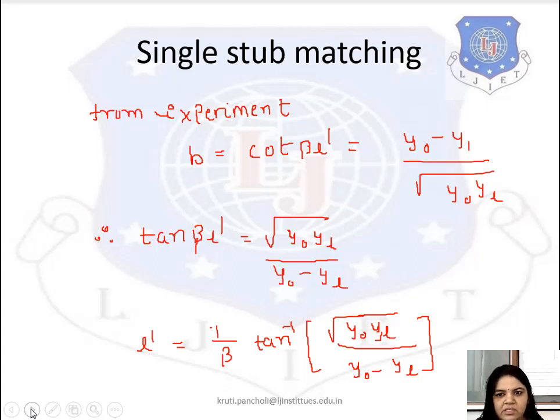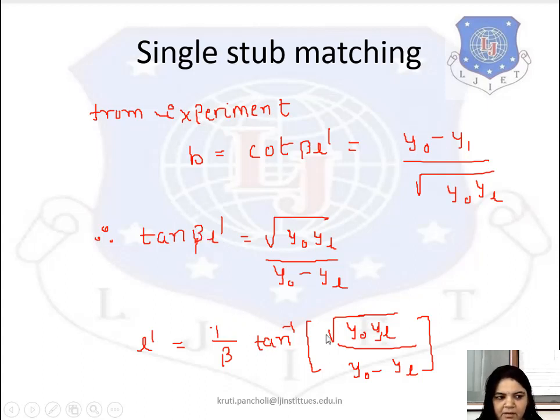So my B value is (Y0 - YL)/√(Y0 YL). What is the cot? It is 1/tan. So tan βL' is equal to √(Y0 YL)/(Y0 - YL). Therefore, L' is equal to 1/β tan inverse of √(Y0 YL)/(Y0 - YL).